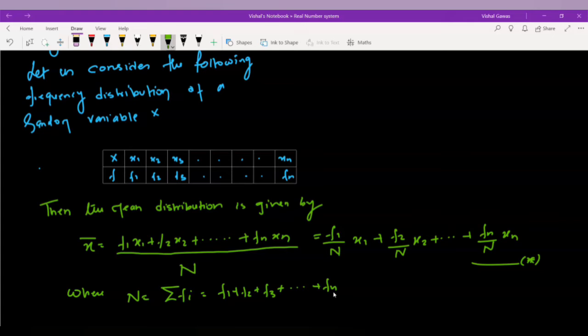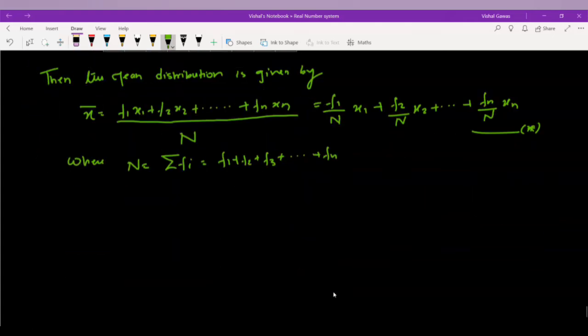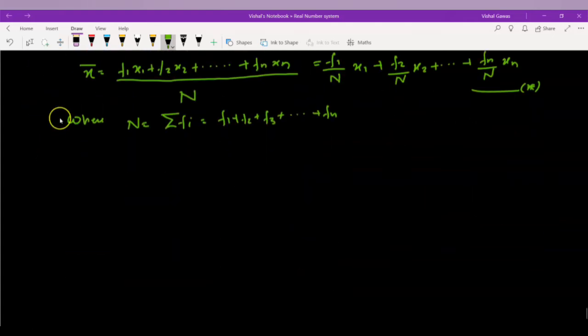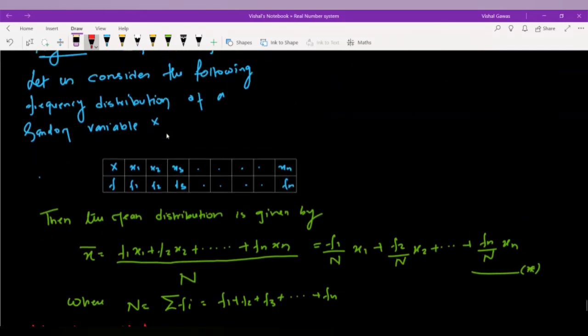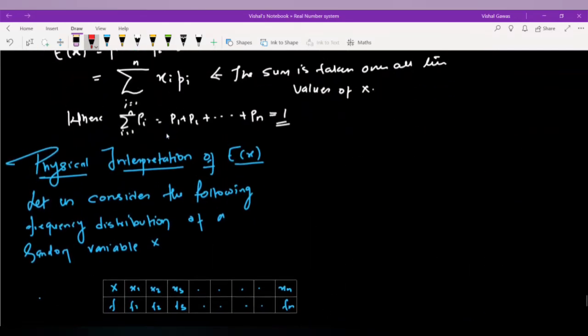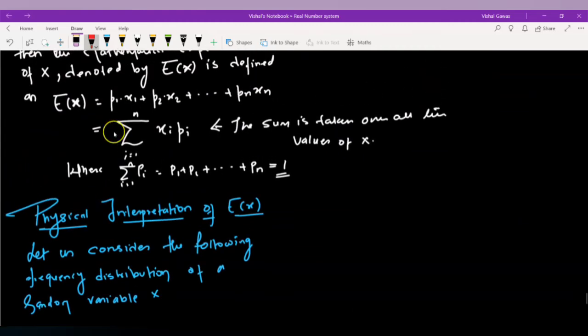But we know that, okay, so from here we observe that, let's use a different pen, we observe that if I look at the corresponding expectations, right?